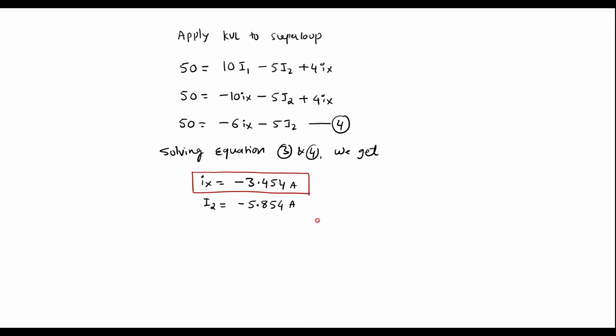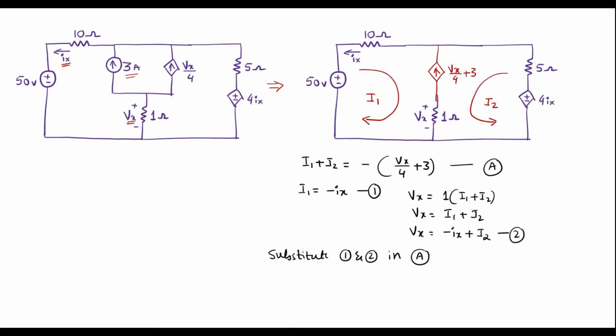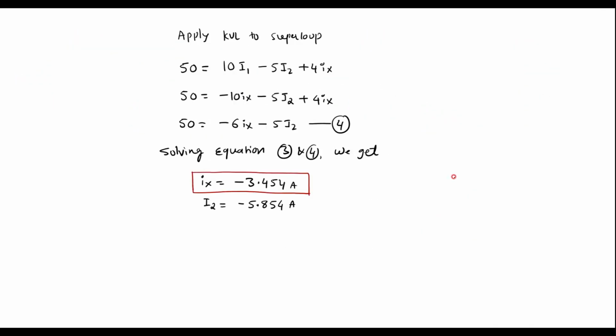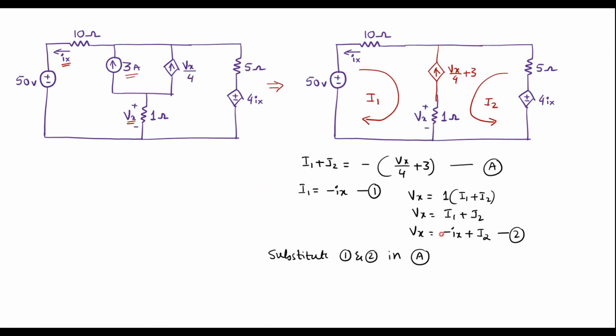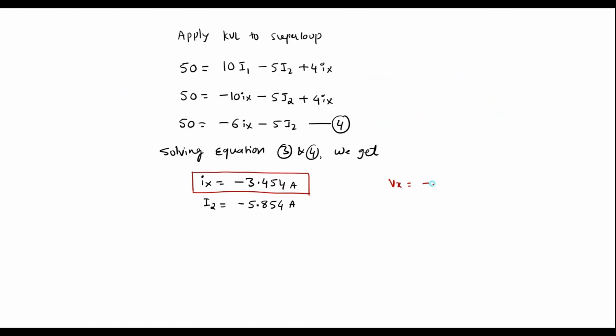And now let's calculate Vx. Already we know that Vx is nothing but minus Ix plus I2. That is, Vx equal to minus Ix, so it will be 3.454 plus I2, where I2 is minus 5.854.